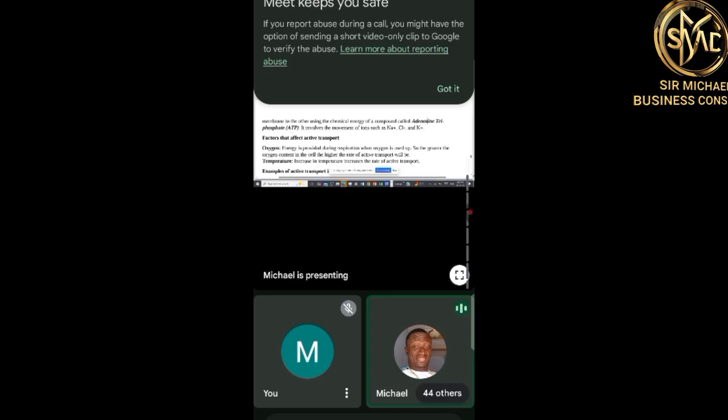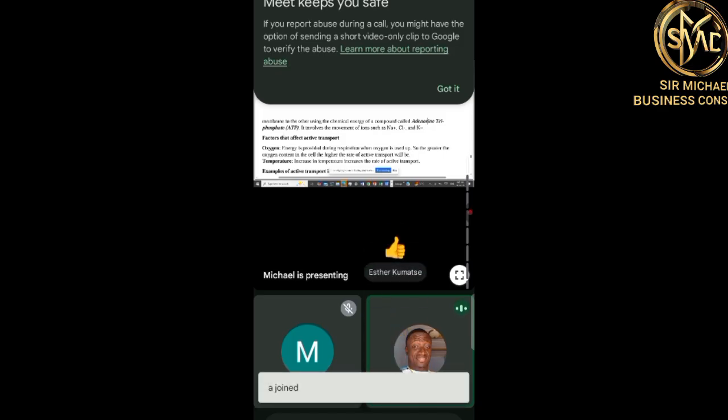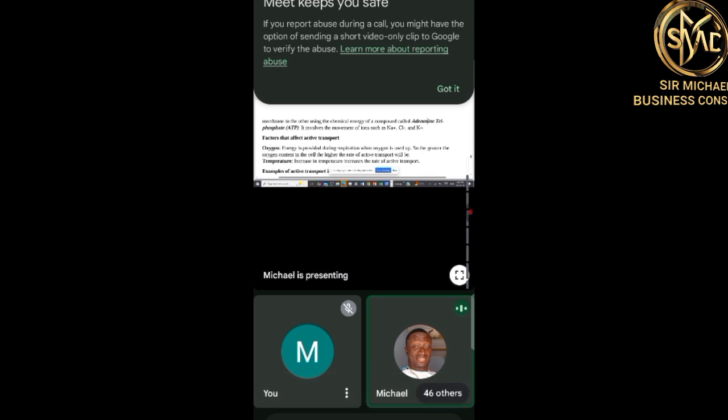We have other types of energy carriers, FAD, flavin adenine dinucleotide, and its reduced form FADH2. Then we have NADH, an electron carrier.